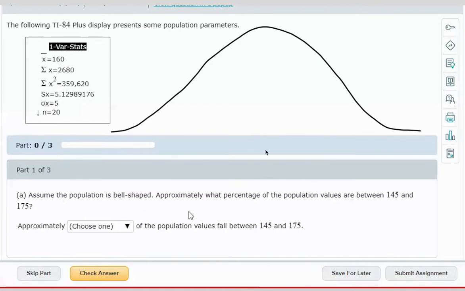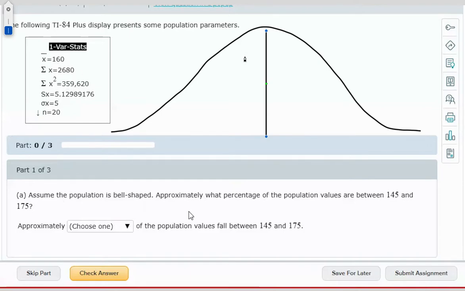The easiest way to come up with the answers for this, once you've drawn this, is to draw a line down the center, and that line represents your mean or your average, which in this case is 160.